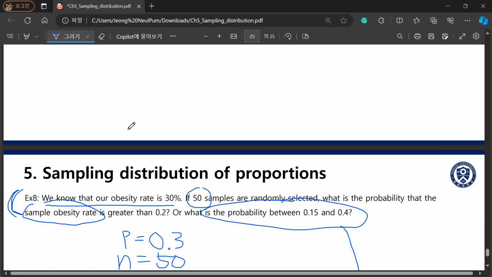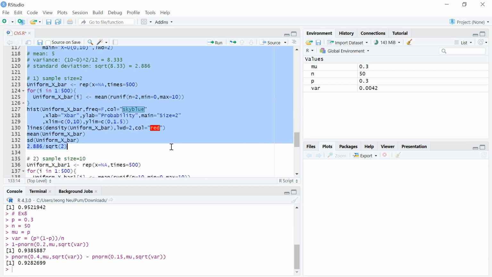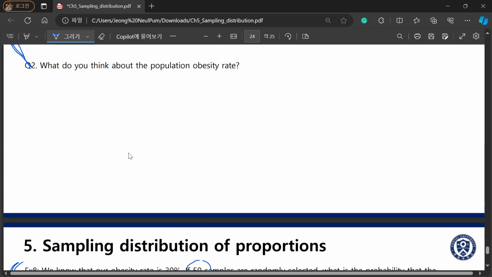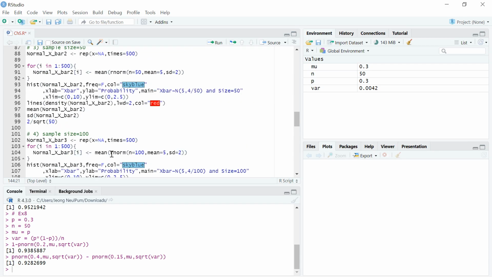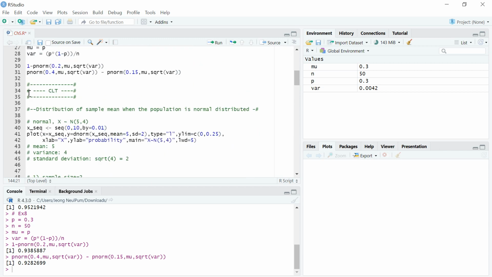And actually, there's no content about this R code in our class material, but this is nothing but just an experiment in which we can check the result of the CLT, the central limit theorem.